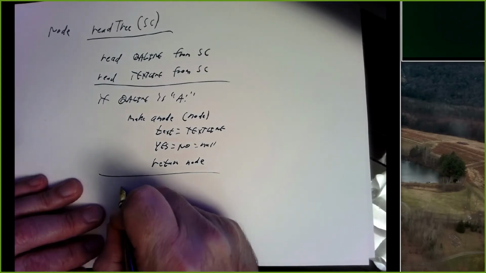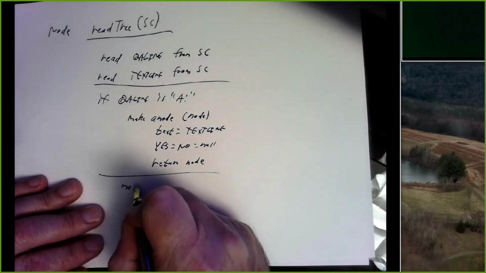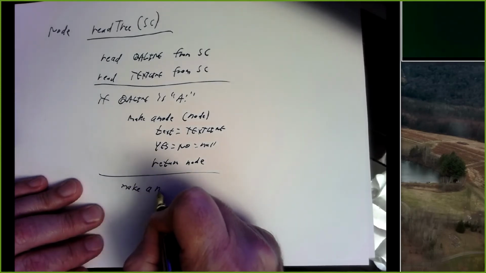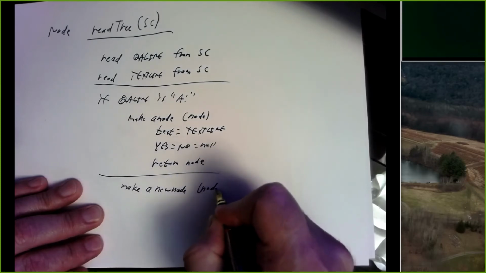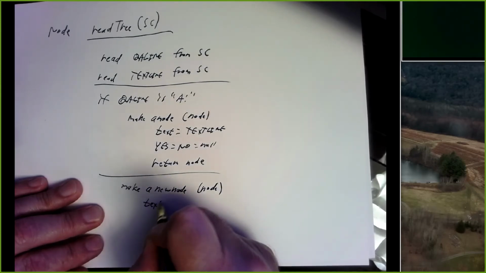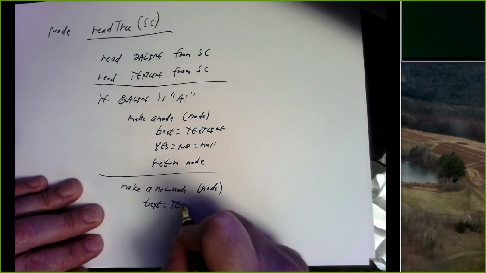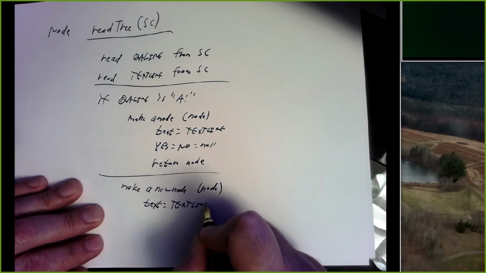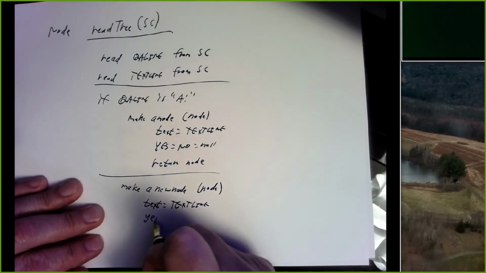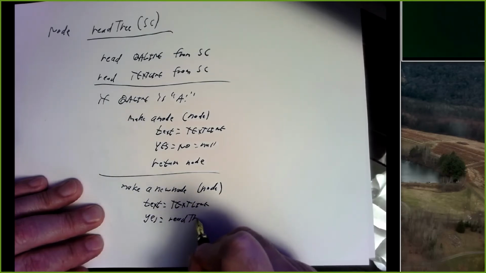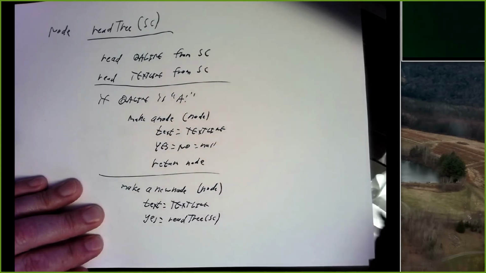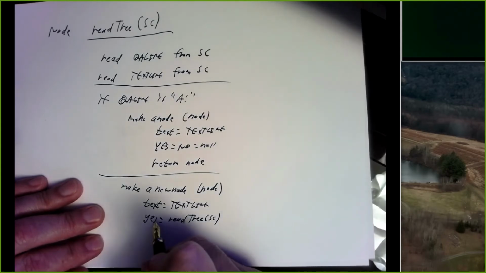We say make a new node, and we'll call this node. We'll set the text field equal to what you read in as text line. But we'll set the yes field equal to the return from another call to read tree. So we'll recursively call read tree.